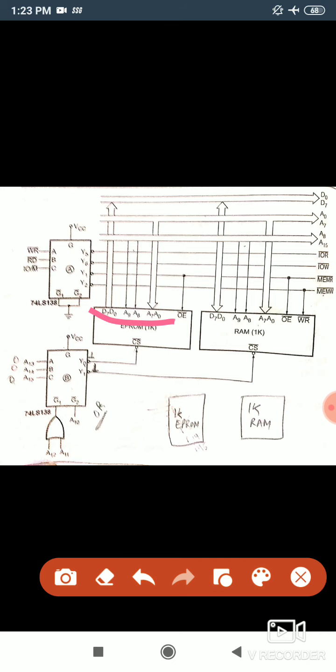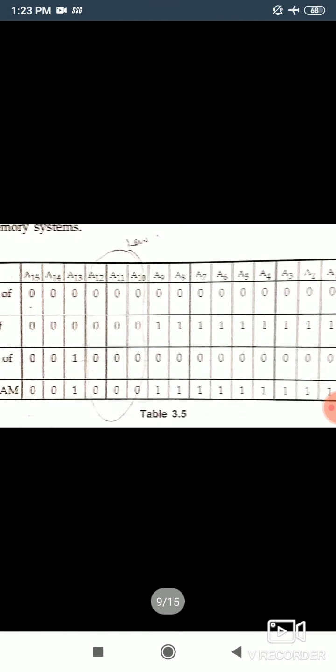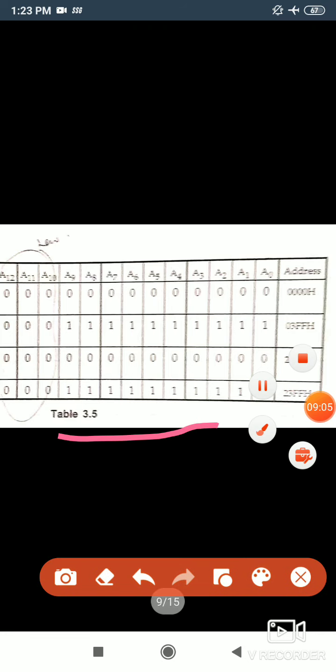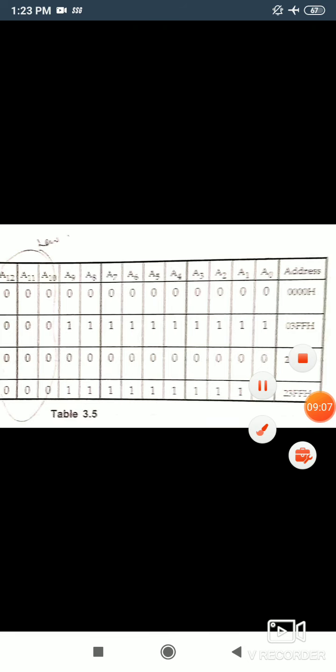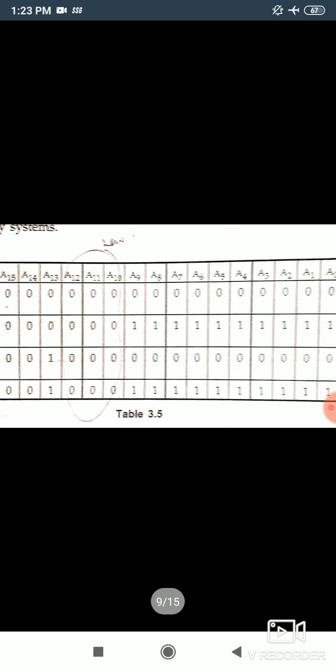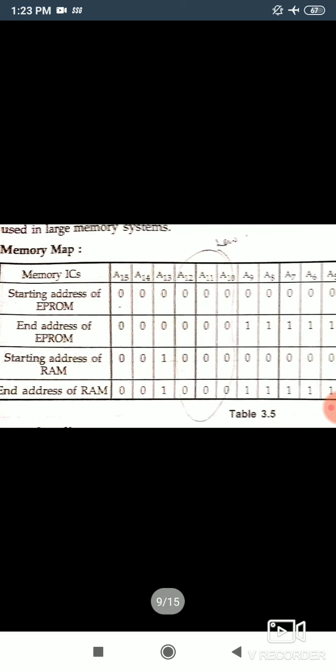So first of all we will draw A0 to A9. This is the status of A0 to A9. Just see here, I have taken the starting address of the EPROM. A0 to A9 are all 0, and if you see the end address of EPROM, all are 1. That means A0 to A9 are 1 at that time.